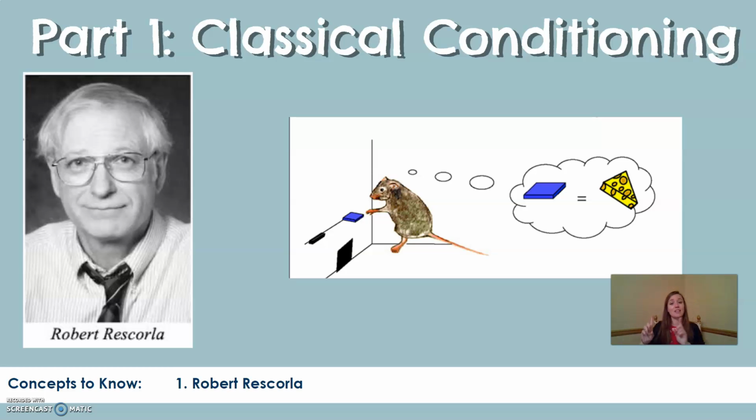Unconditioned means that it was unlearned. I naturally had that response to that stimulus. I didn't have to learn that response to that stimulus. Or I was conditioned. I did have to learn that response to that stimulus. And I usually have to talk myself through that when I am going through an example of classical conditioning. I think that is the most helpful thing to do for classical conditioning and identifying those parts.